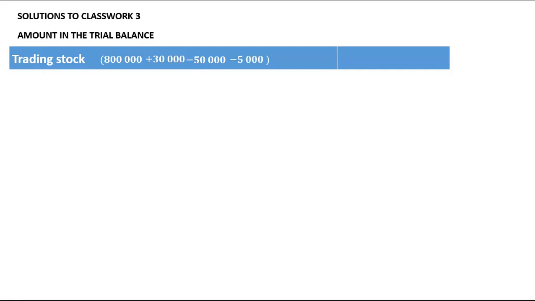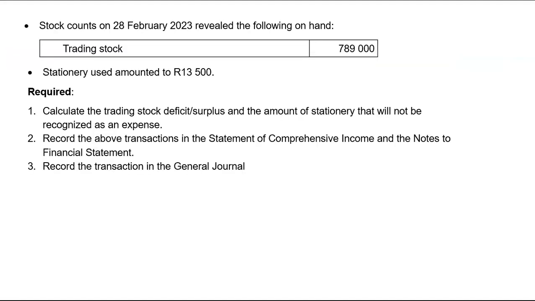And now in my trial balance, this is how much I now have in my books, just based on source documents. All right. But then that is not it. At the end of the year, we do our stock count, and this is what we found out when we did our stock count, that we have stock amounting to 789,000.